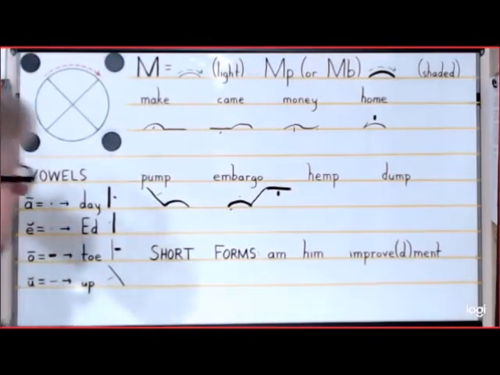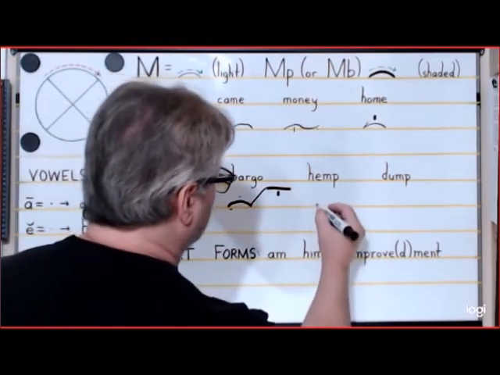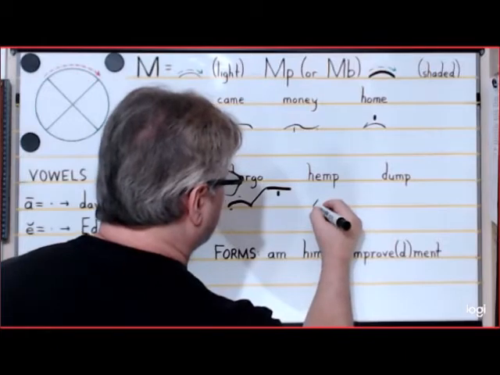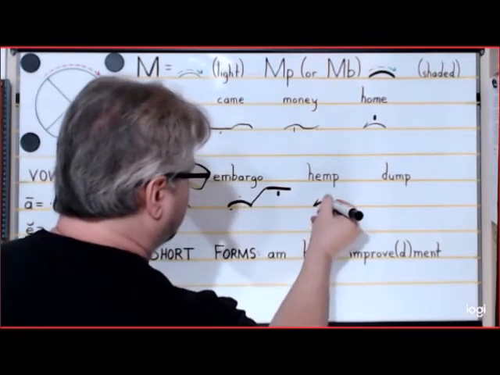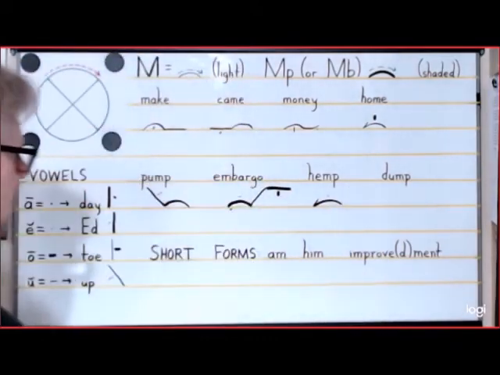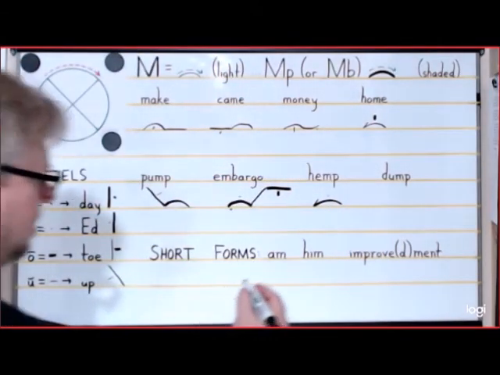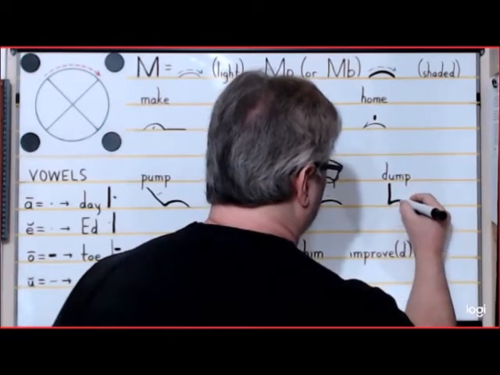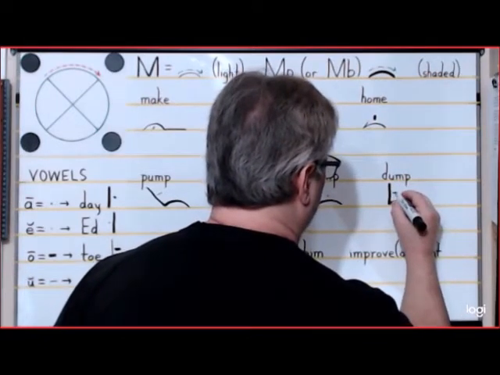For the word hemp, we're going to use the downward tick here for the H, and then an MP, and then a light dot here. For the word dump, it will be a D, and then an MP, and then a light dash.